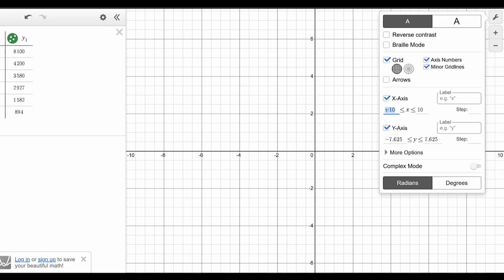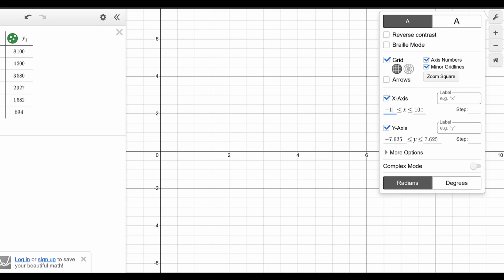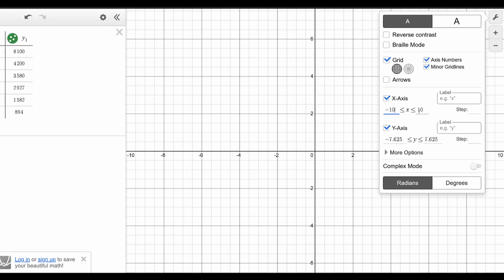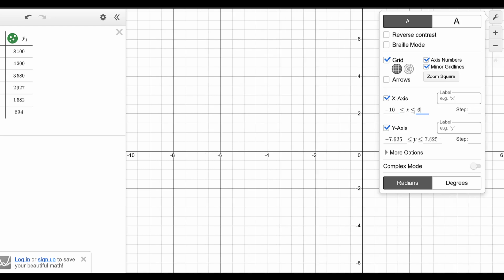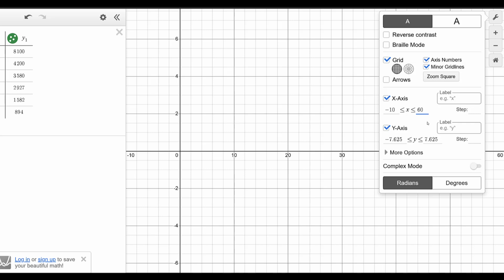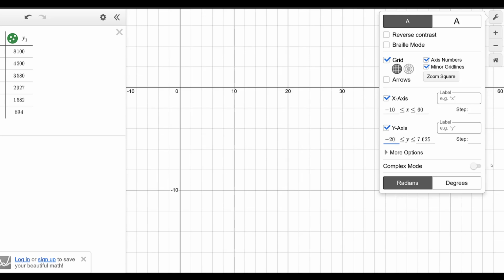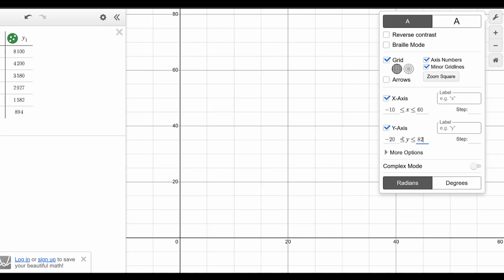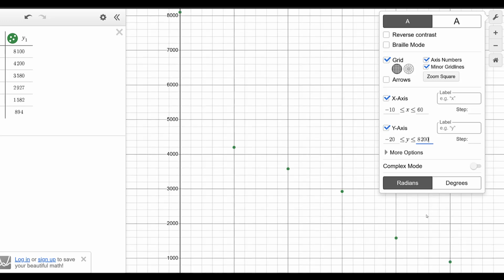Let's just say maybe -10 up to 60, just to give some buffer so not everything's right at the edge. And then the y-axis, we'll go from -20 up to 8,200. And you can see those values.